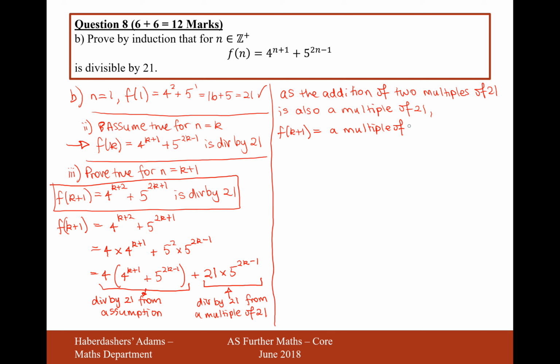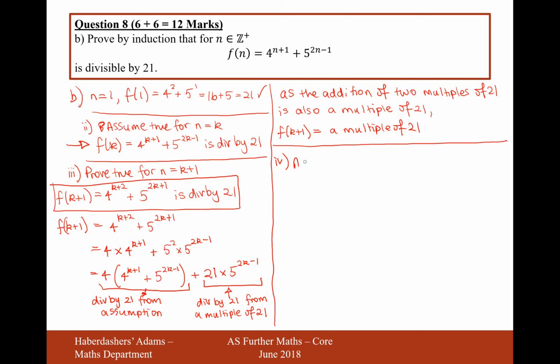And I've changed the terminology here. I've stopped using divisible by 21 and started using a multiple of 21, but that is equivalent. So we've shown that the right hand side, we've shown that this want to show is true now. Now let's move on to part 4 for the conclusion.